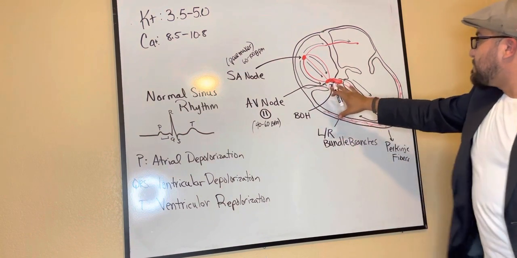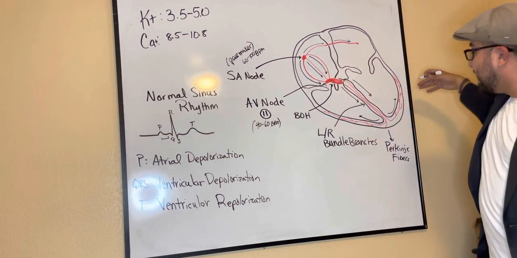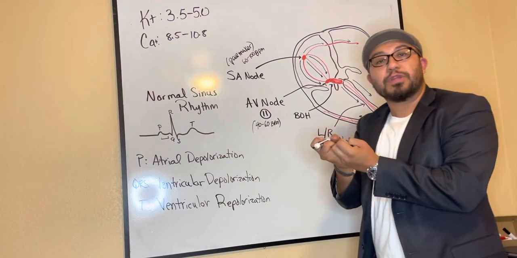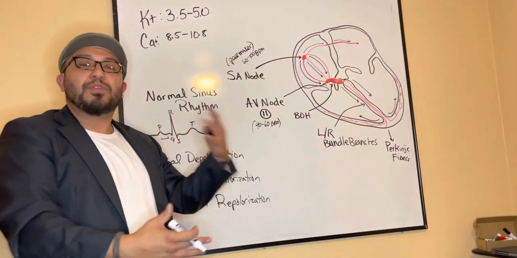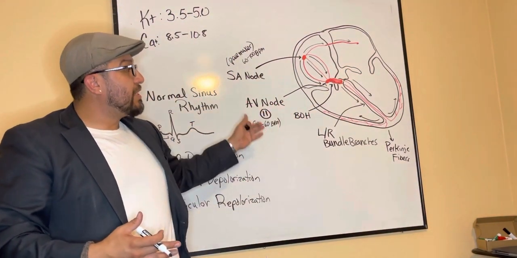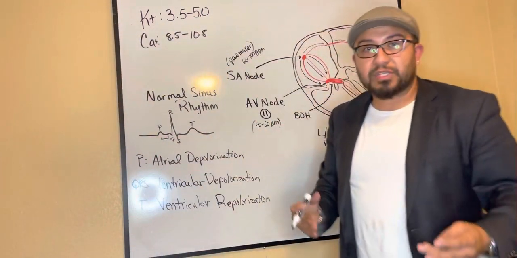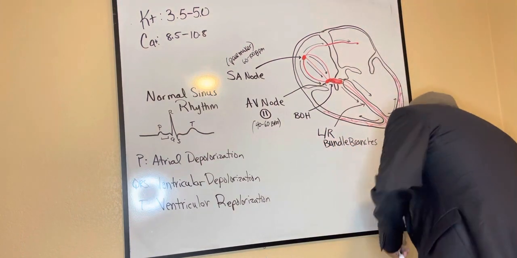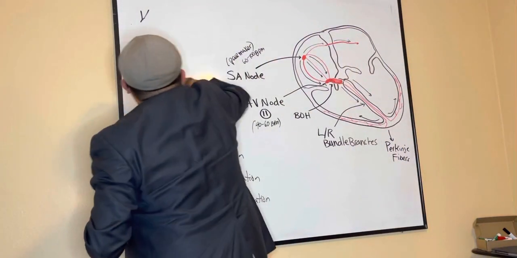The electrical impulse then makes its way down, passing the bundle of His, through the left and right bundle branches, and then down into the Purkinje fibers, which generates an electrical impulse, which hopefully will allow for contraction, and that's how the electrical rhythm continues throughout the heart, and that's how we get our lub-dub, our contraction, and eventually cardiac output. Now, let me discuss some basic elements that deal with normal and abnormal rhythms.